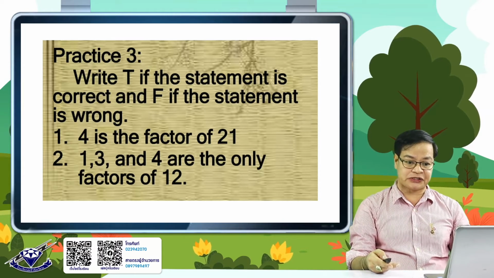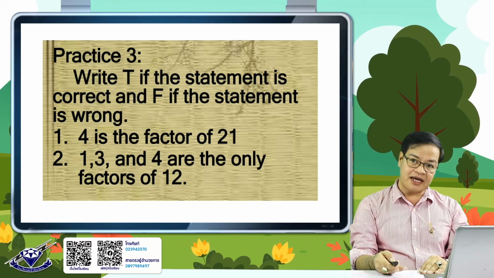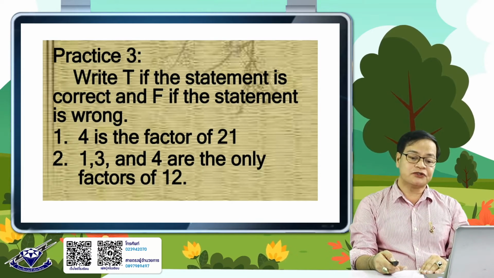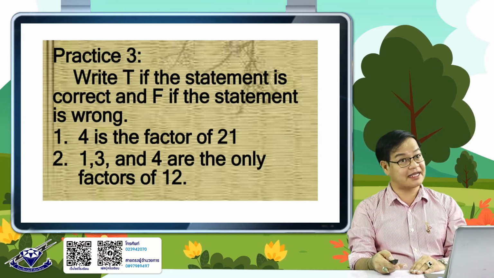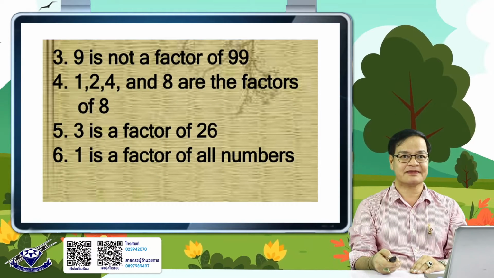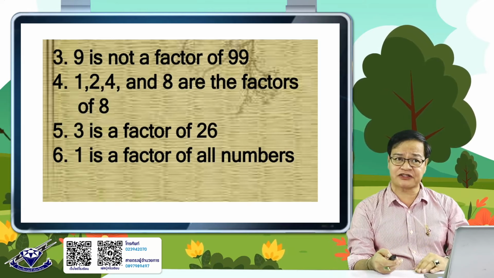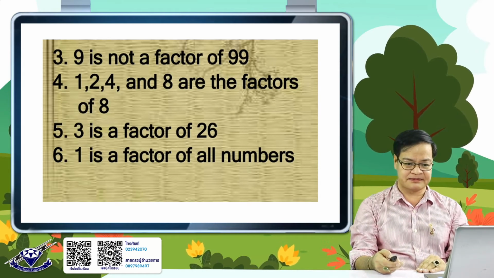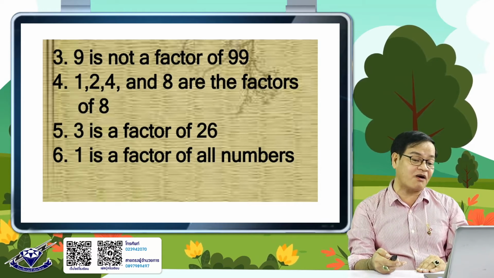Because the factors of 12 are 1 and 12, 2 and 6, 3 and 4, right? Again. What about 9? 9 is not a factor of 99. Is this statement correct or wrong?